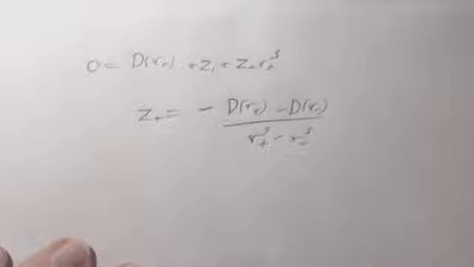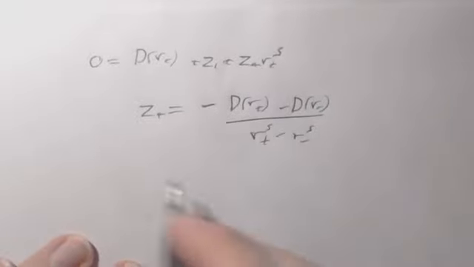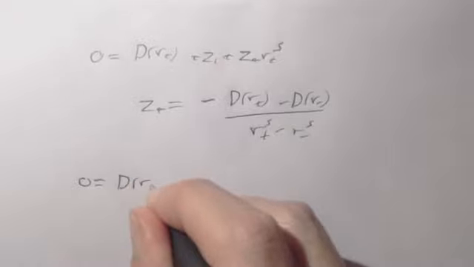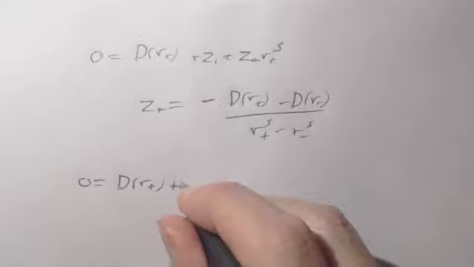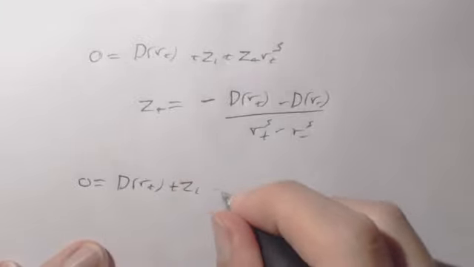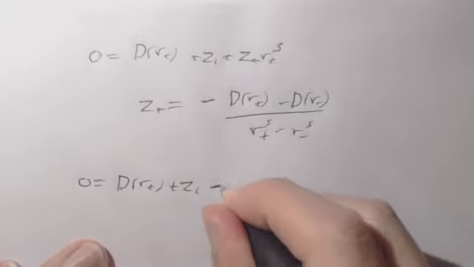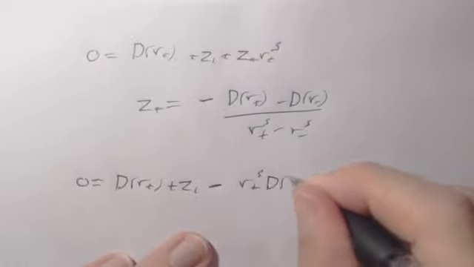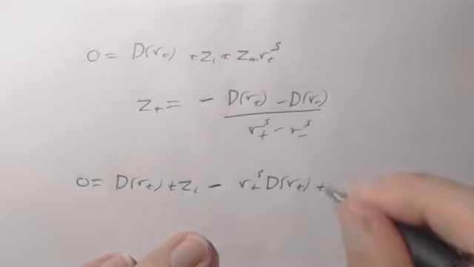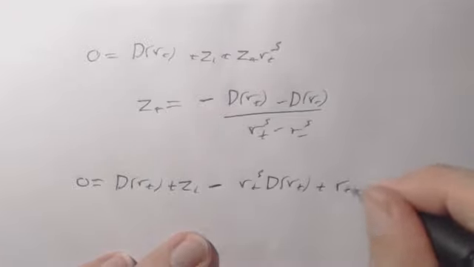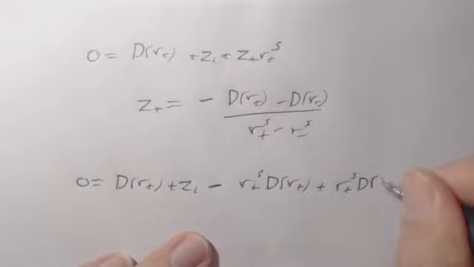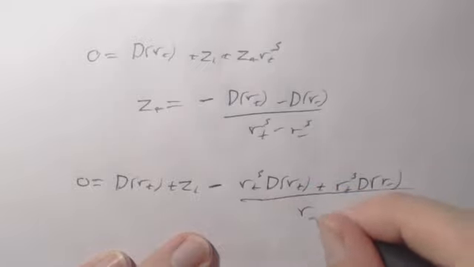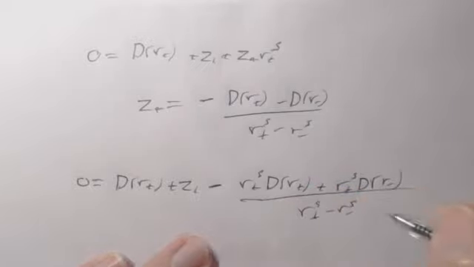So if I plug this into this equation here, we get that 0 equals d r plus plus z1 minus r plus to the 5 times d r plus minus d r minus, over r plus to the 5 minus r minus to the 5.